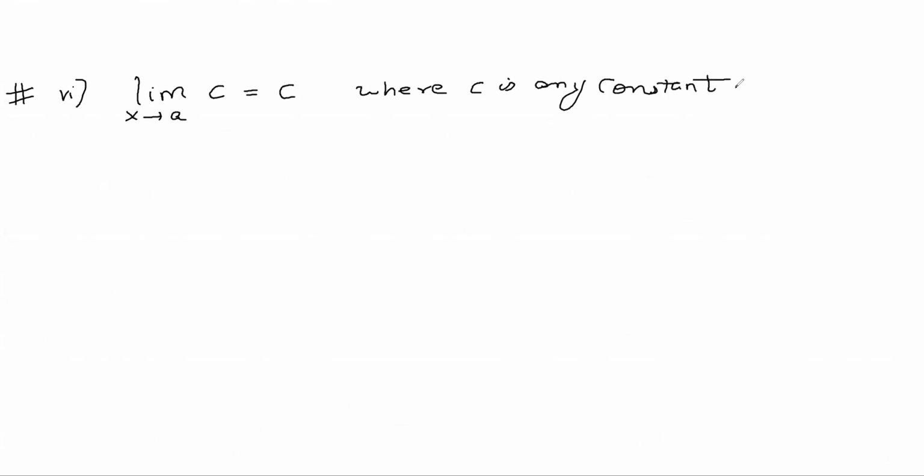So limit of a constant is the constant itself. I hope that is clear. Okay. Also, I can write a corollary or I can write a note. Let's write this note. Any doubt to any student?